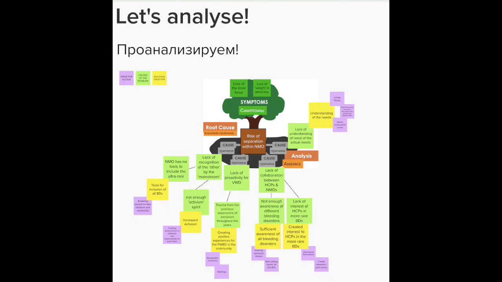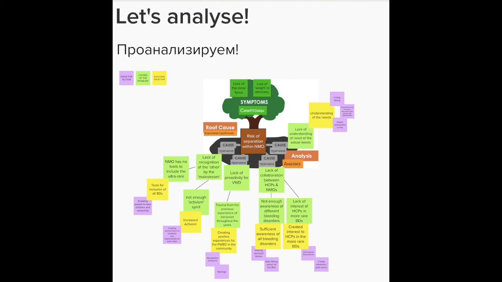I also want to show you the problem tree that we developed with this exact example also on the mural, because there we do have some of the concrete steps already listed as well, and that can serve maybe as an inspiration. And you can see we have causes for the problem, we have solution/objective, and we have ideas for action in purple. So for the sub-causes here, sufficient awareness of all bleeding disorders.